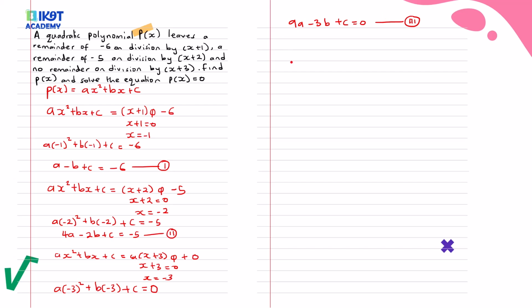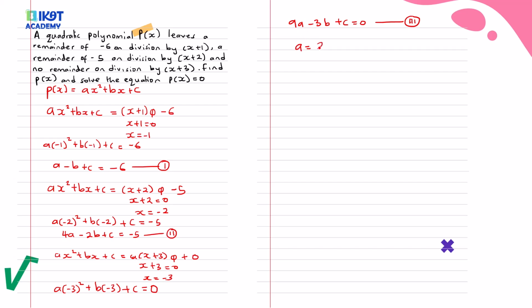Now we solve 1, 2, and 3 simultaneously. I won't do that because I don't want to make this video very long, but we have videos on simultaneous equations. If you don't know how to do it, you can watch that and see how it's done. Right now, what are our values from solving?